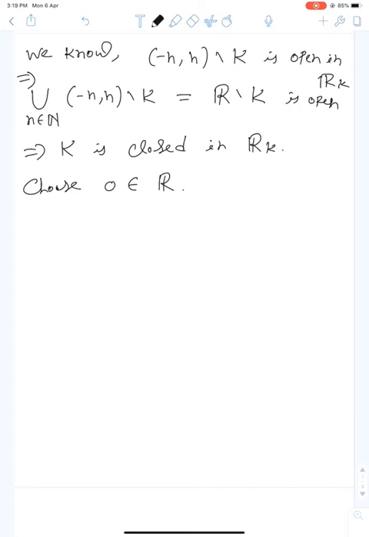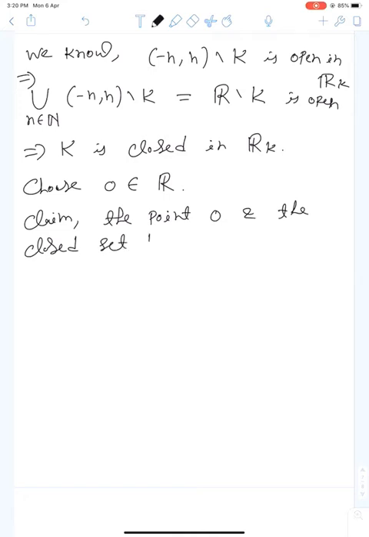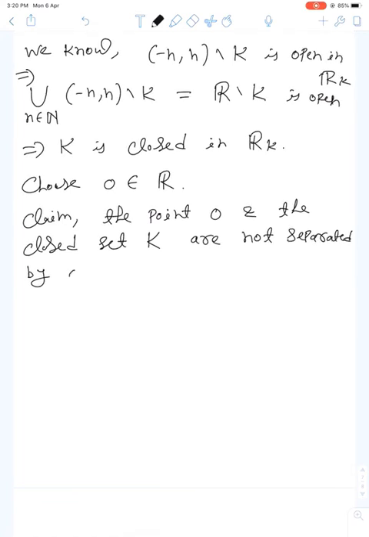Okay, now claim: the point 0 and the closed set K are not separated by open neighborhoods.